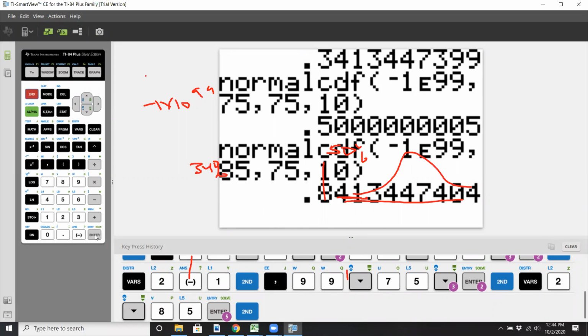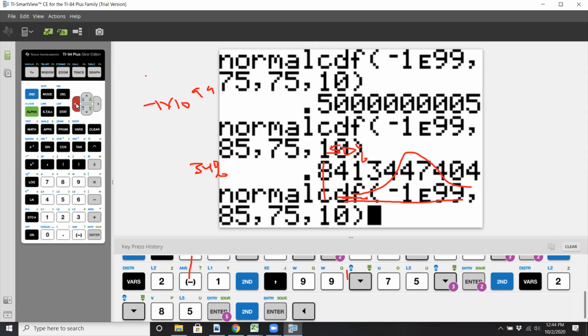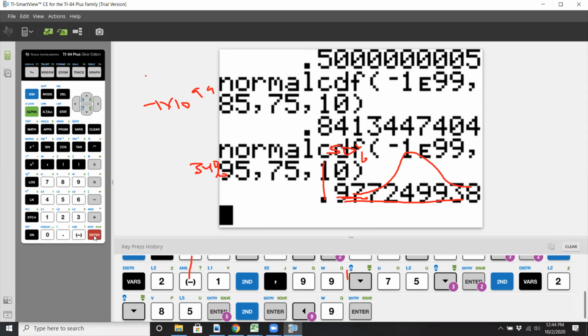And actually you could probably hit second enter if you like to repeat the previous entry and change that to a 95 right there, as your upper limit, and you get 97%. So 84% of data was less than 85, for the mean of 75, standard deviation of 10, 97.7% of data is less than 95, with again, a mean of 75 and standard deviation of 10.